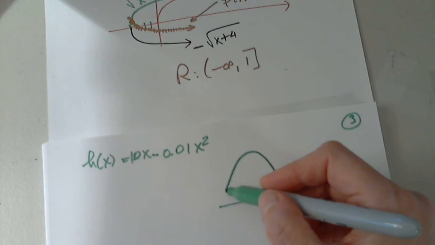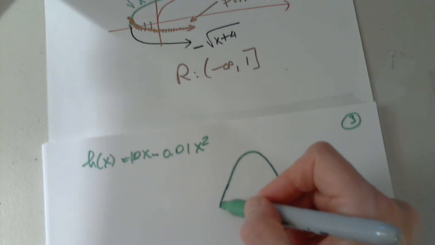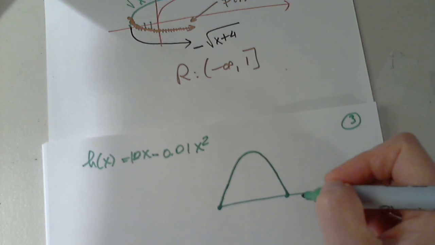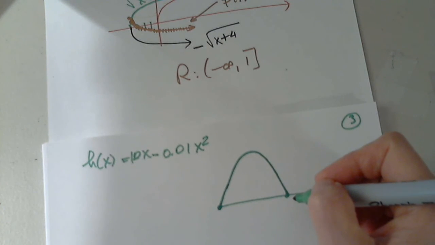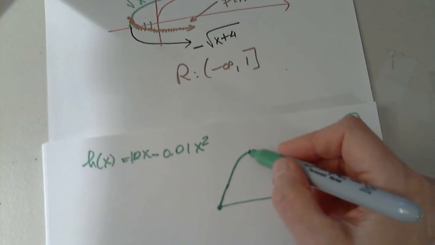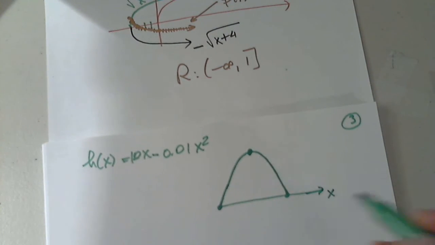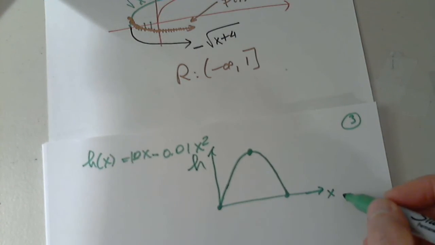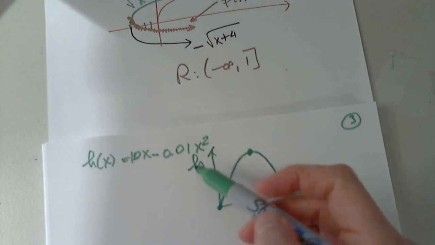Right? So basically it starts when x is 0, y is 0. So it starts somewhere here. It goes up and then it hits the ground. X is the horizontal distance. So this is x. And this is the height.